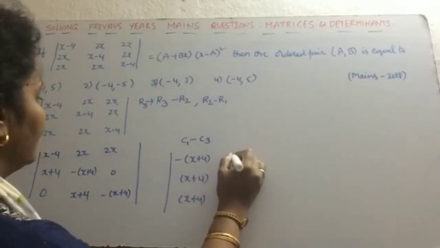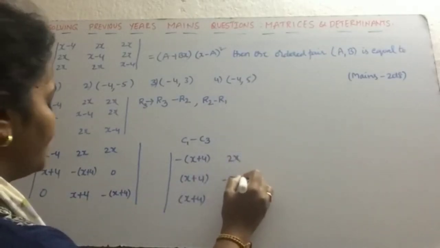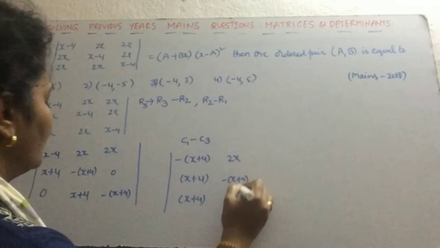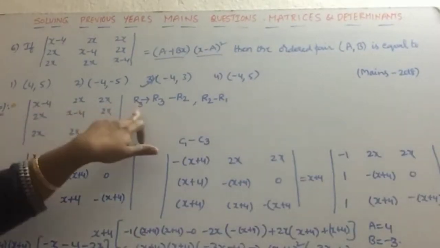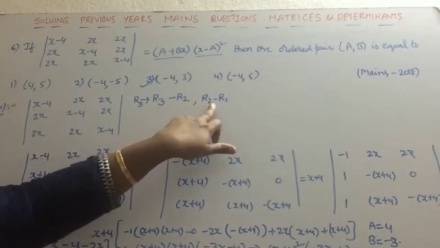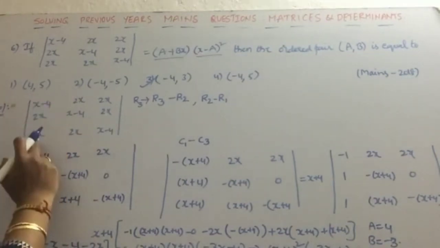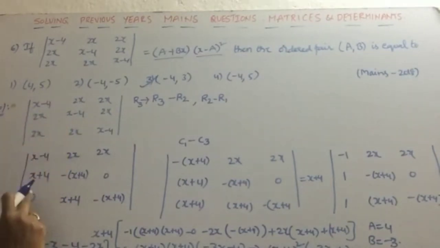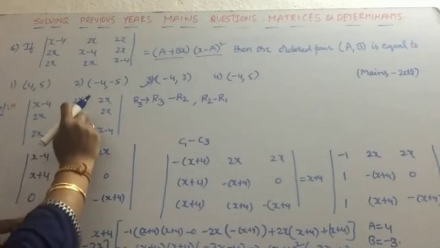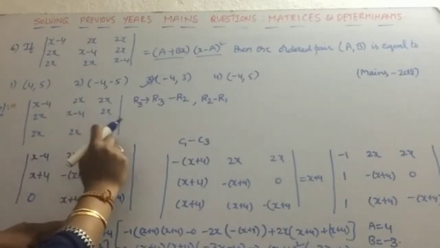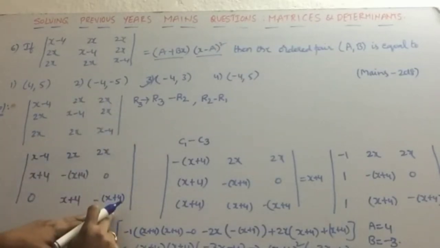C2 as it is. So here R3 implies R3 minus R2 and R2 minus R1. Now R3 minus R2 means x minus 2x minus 2x, here 0, and 2x minus x minus 4 is x plus 4, x minus 4 minus 2x is minus of x plus 4.